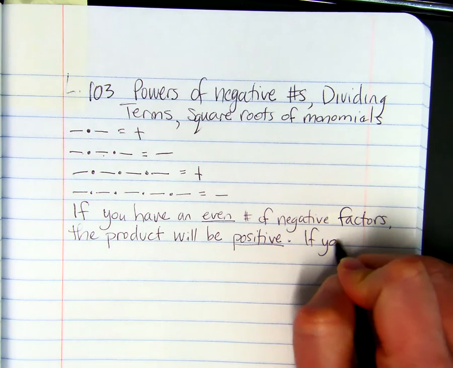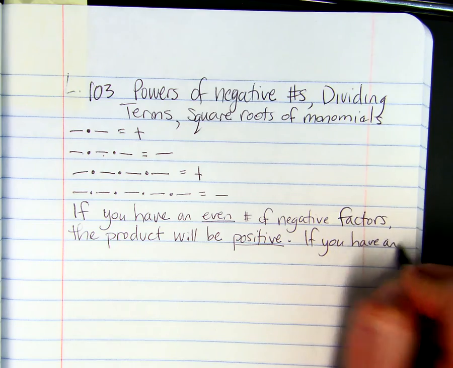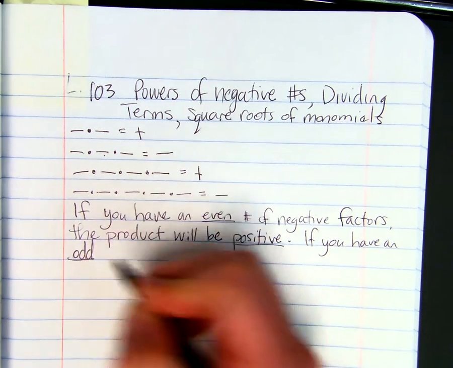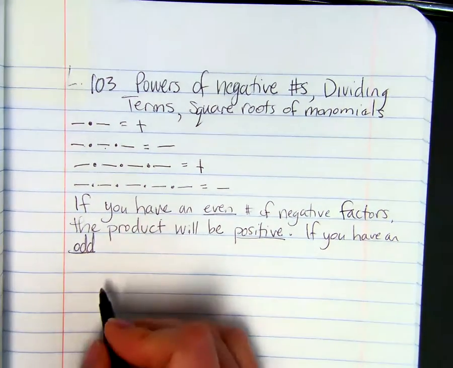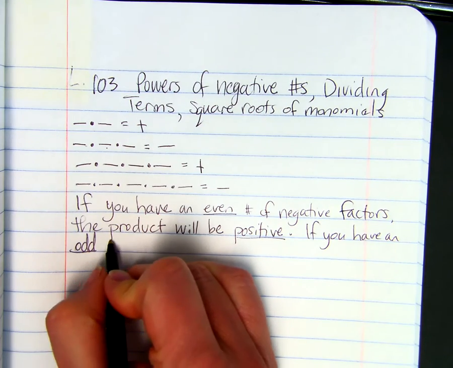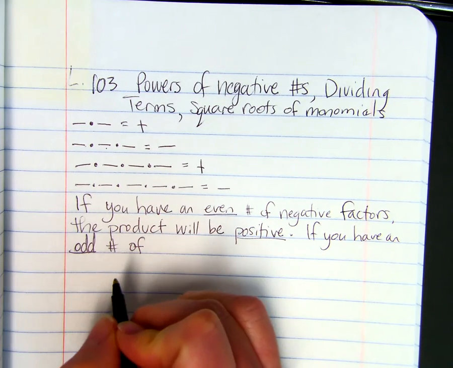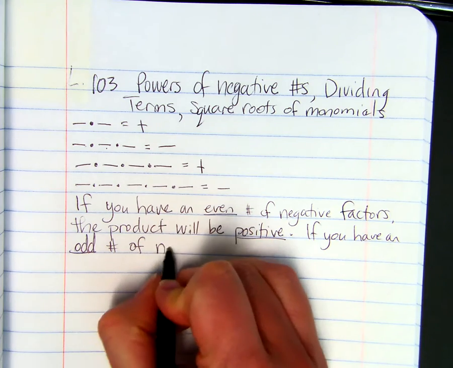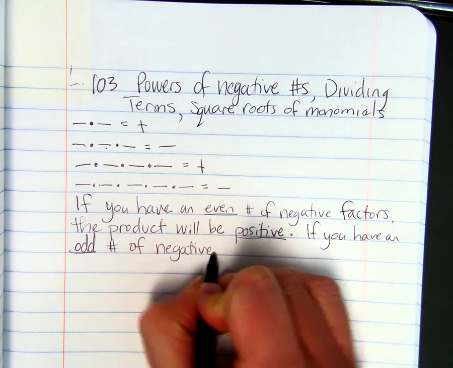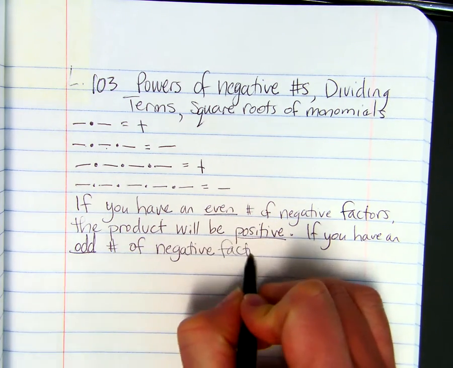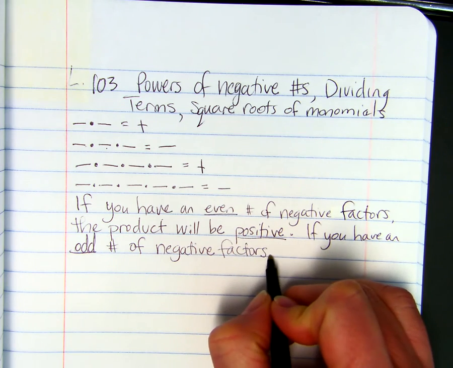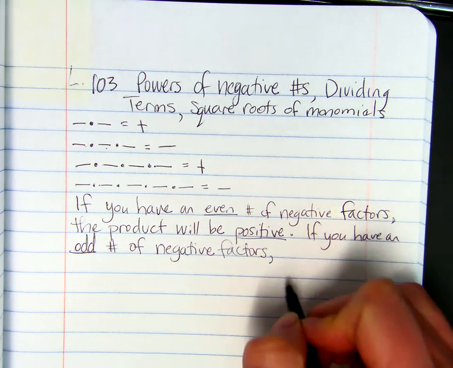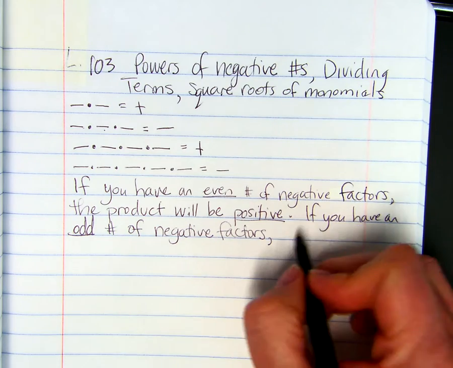If you have an odd number of negative factors, the product will be negative.